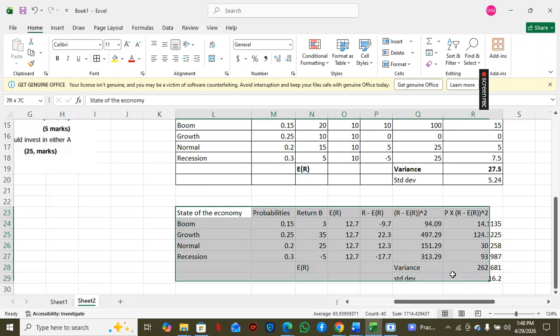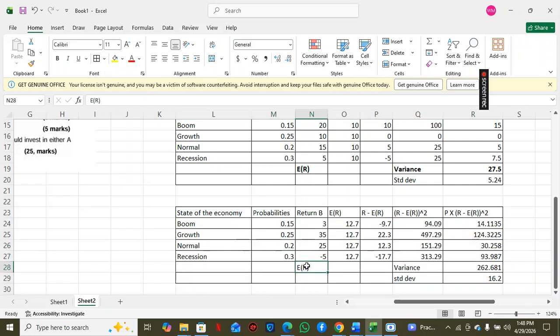So what this means here now, from what we've tabulated, it means company B has a higher standard deviation, meaning if you invest in company B, there's a high chance that the returns that you're going to get are going to be different from the average. They're going to be different from 12.7.